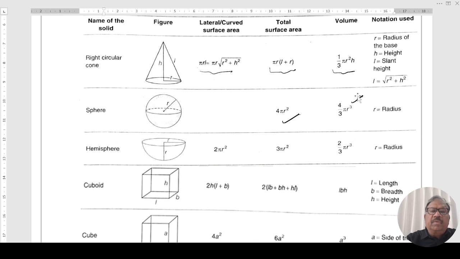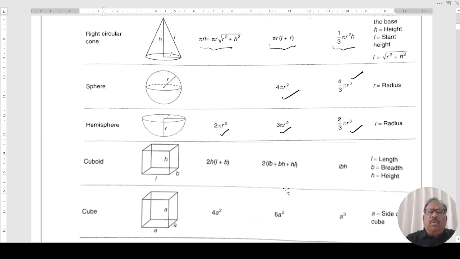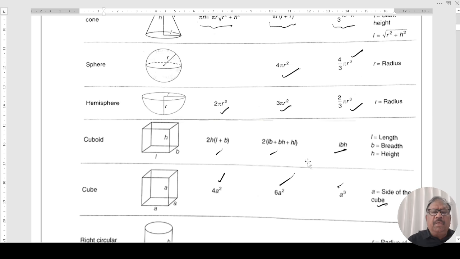R is the radius. Hemisphere, curved surface area 2 pi R square, total surface area 3 pi R square, volume 2 by 3 pi R cube. Cuboid, curved surface area twice H (L plus B), total surface area twice (LB plus BH plus HL), and volume is LBH. Cube, 4a square, 6a square, a cube, where a is the side.